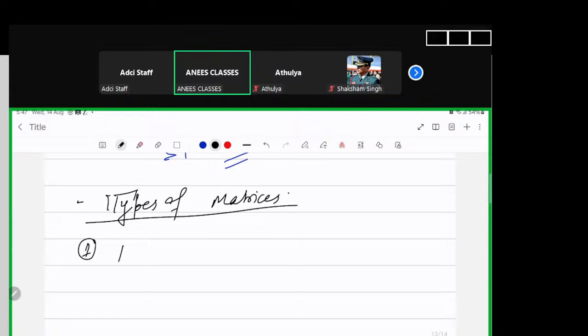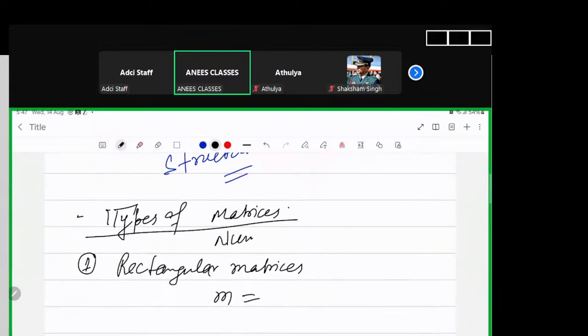Rectangular matrices: suppose the number of rows is m and the number of columns is n.